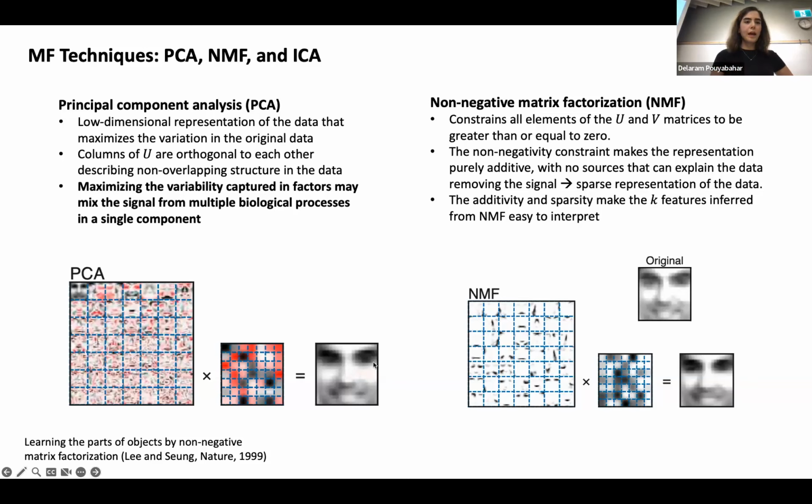They applied NMF and PCA to image data. You see the loading and score matrices. Making sense of most of the factors in the PCA score matrix is very difficult; it usually tends to learn some global features.